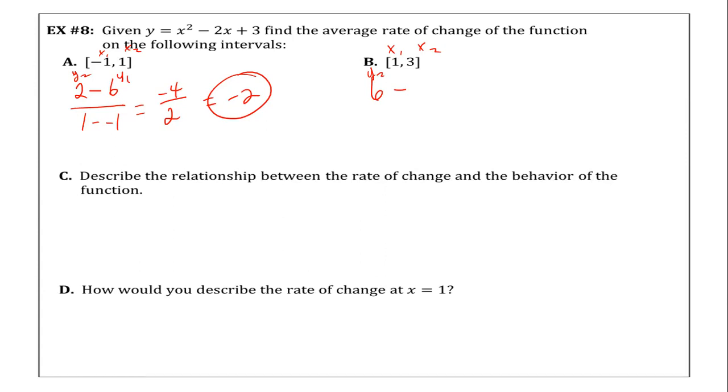So 1 minus 2 is -1. -1 plus 3 is 2. Yeah. Just go with it. And we end up with this time a +2. Yes.